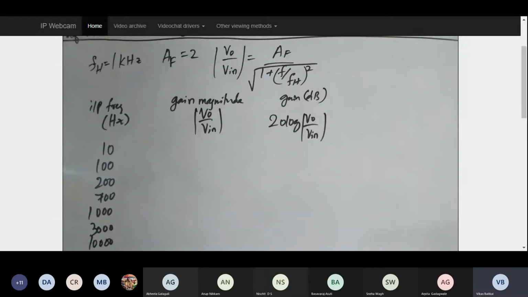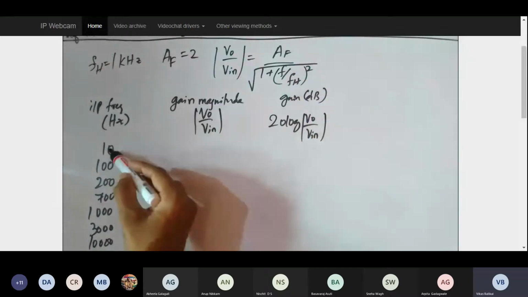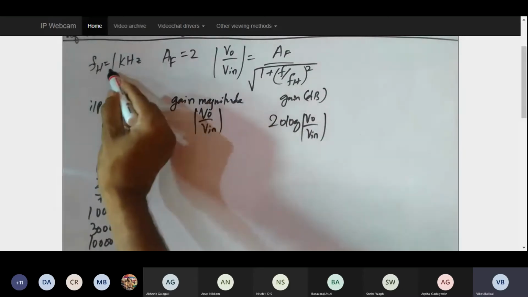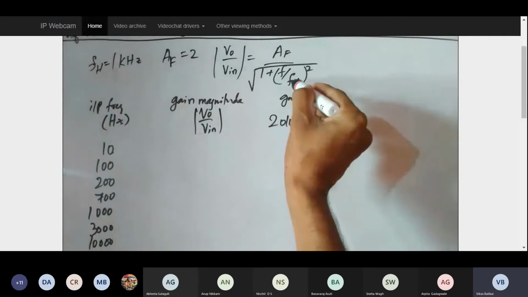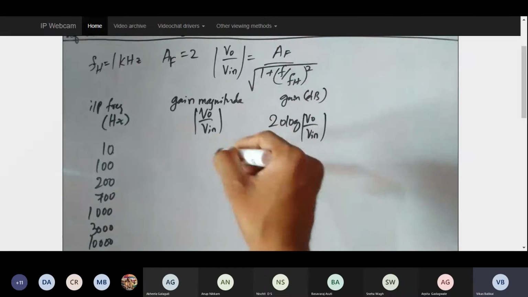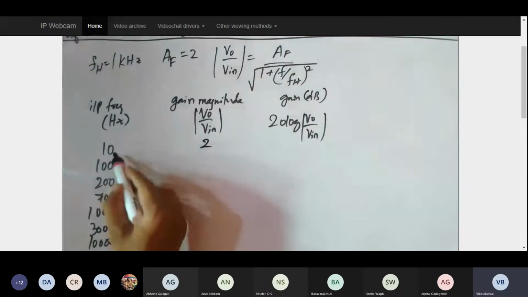So if I substitute into the equation for V naught by V in magnitude, AF I have given as 2, input frequency F here is 10, and FH is 1 kilohertz. Substitute as it is, and calculate. I have already calculated it.